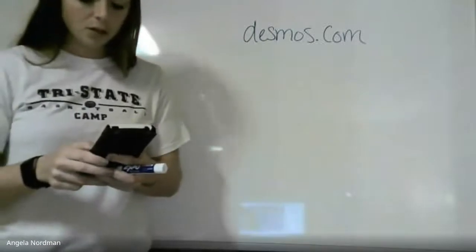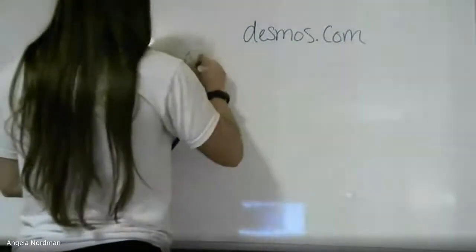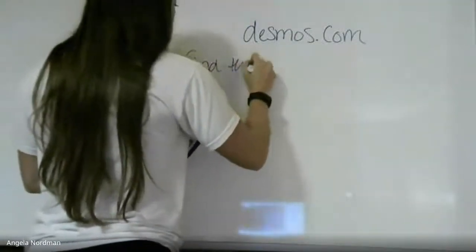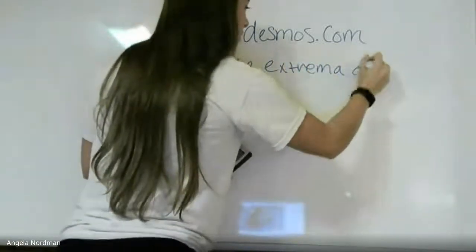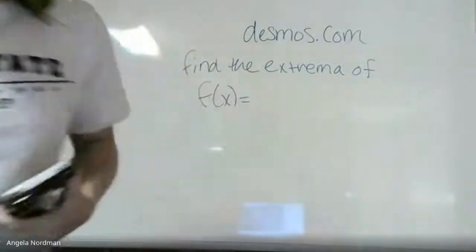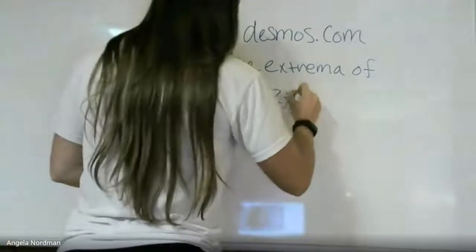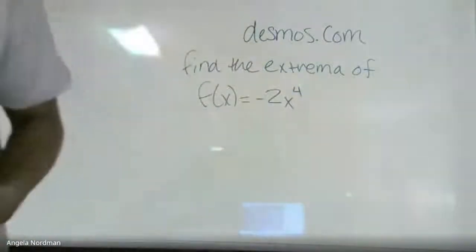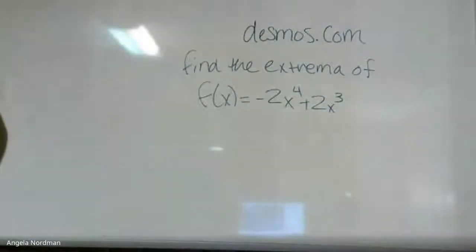Whatever you need. So we're going to find the extrema of f of x equals negative 2x to the fourth plus 2x squared.